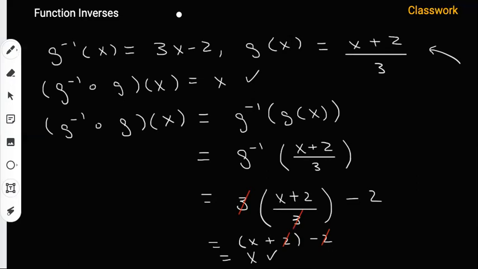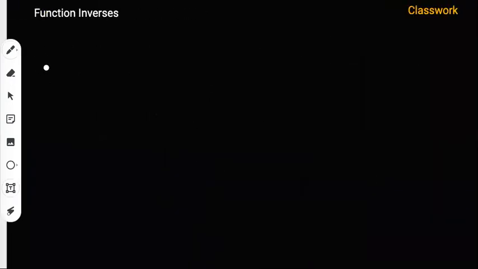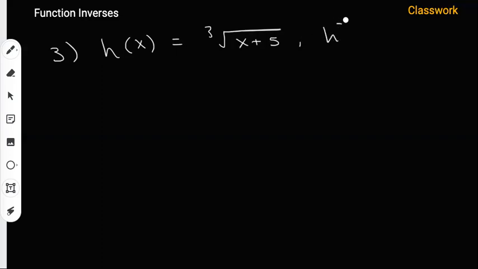Okay. Let's look at 3, 4, and 5. Okay, so for 3, I'm given h of x is equal to the cube root of x + 5, and I want to find h inverse.